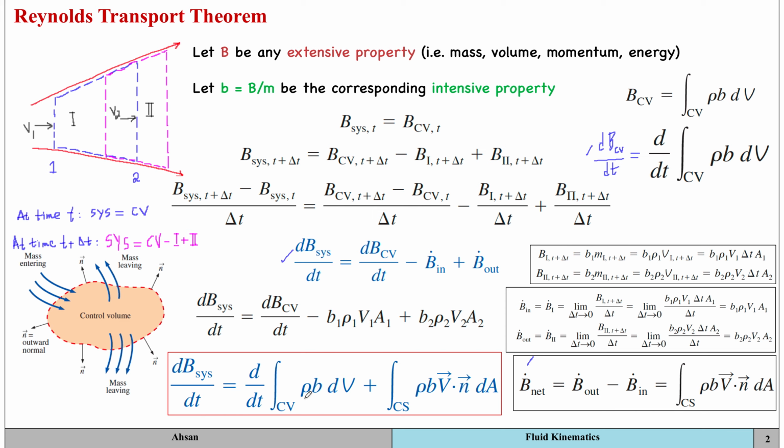Other than that, what we can also do is, if we want to really look at what kind of derivatives we're looking at, then this on the left hand side would be the material derivative, capital D, so dB system by dt equals, but now this derivative over here is going to be a partial derivative because the quantity small b may not necessarily depend only on time. It could also depend on the position of it within the control volume. So then we would have to replace this derivative by partial t.